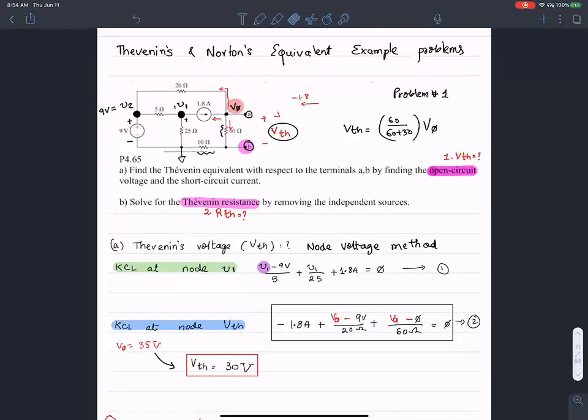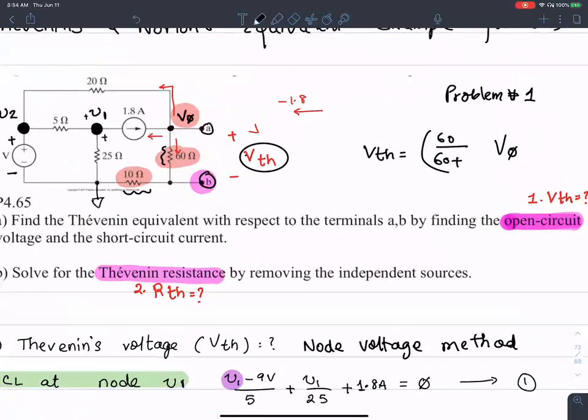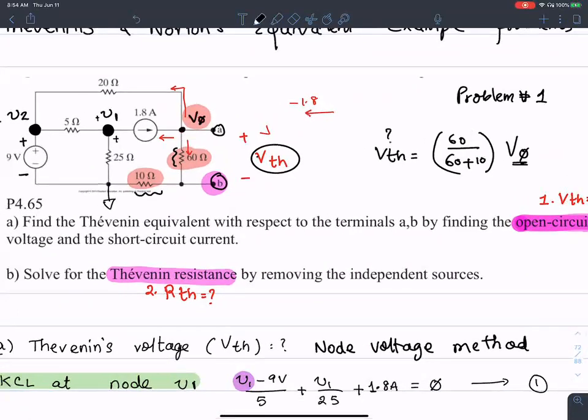Why do I keep saying 30? 60 plus 10, sorry, 60 and 10. So how did I get VTH from V0?